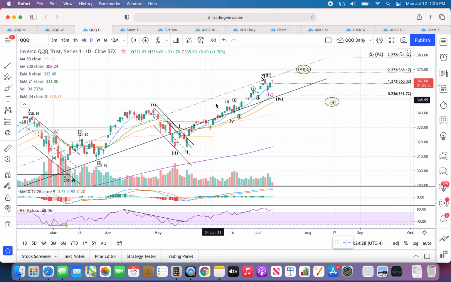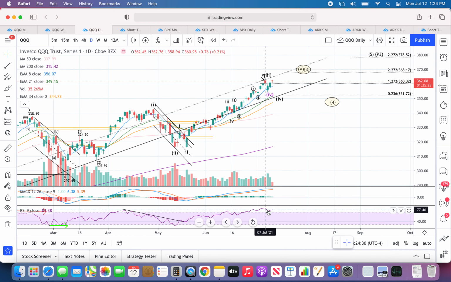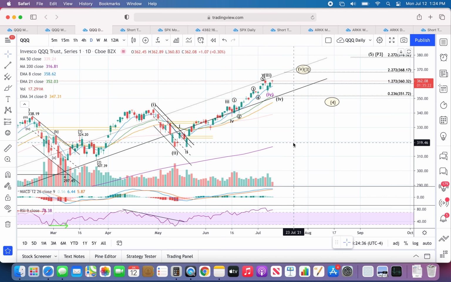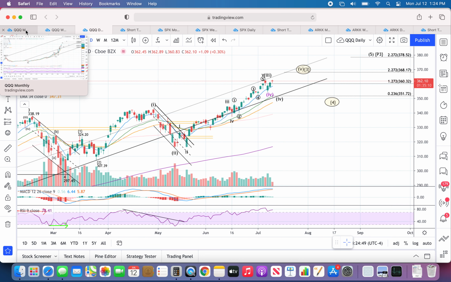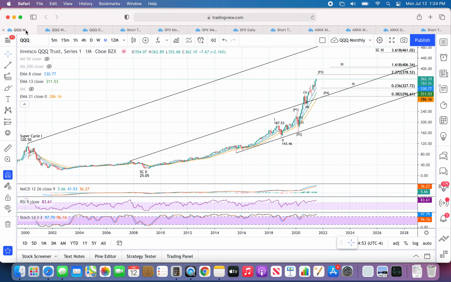So here on the daily, we're going to see an RSI on the daily level that is very overbought. And so I am suggesting that the potential for volatility over the next few months is increased in probability. And let me also go back here to these longer term timeframes to talk about what really needs to happen to set a divergent top.